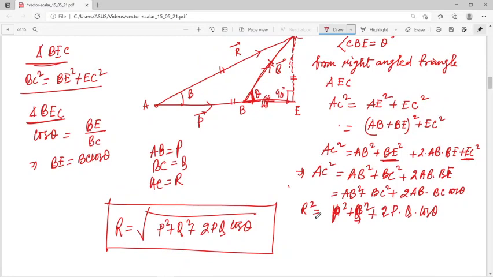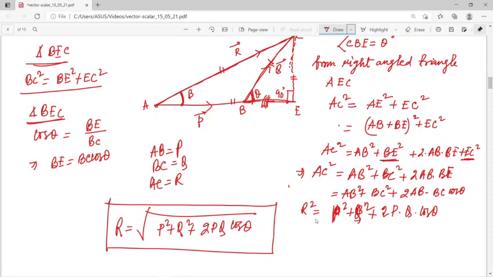Yeah. Okay. Now there is another thing you have to know, which is the direction of the resultant. If we find the direction, the resultant will make an angle beta.